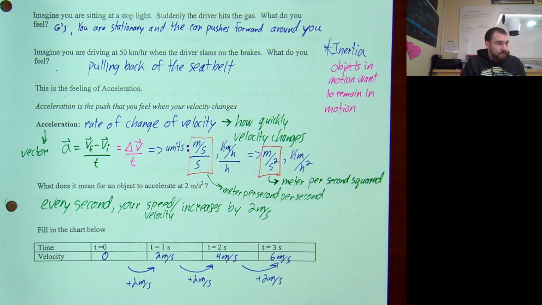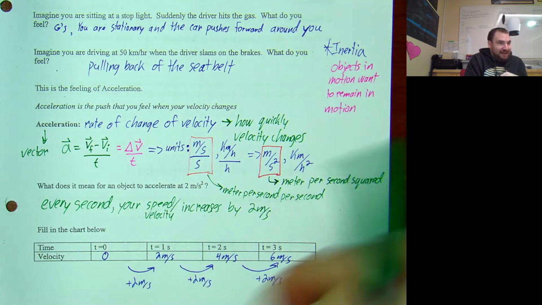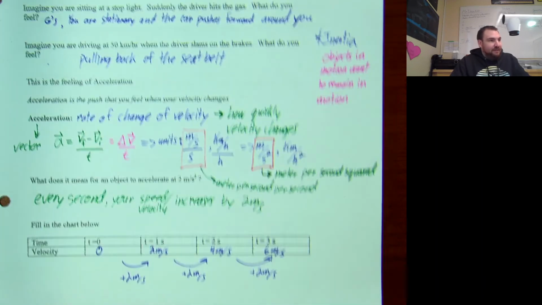Cool? We can talk about acceleration and it kind of makes sense, but as soon as we start adding numbers and units to it, this is where students typically start to get uncomfortable. Because you've all experienced accelerations before, but now I'm making you talk about it in the context of math and numbers, and that's where students seem to get concerned.